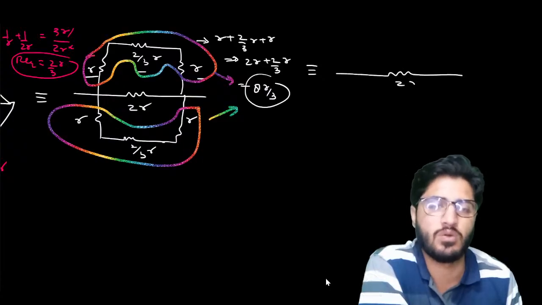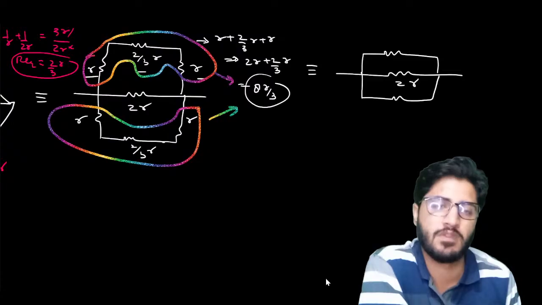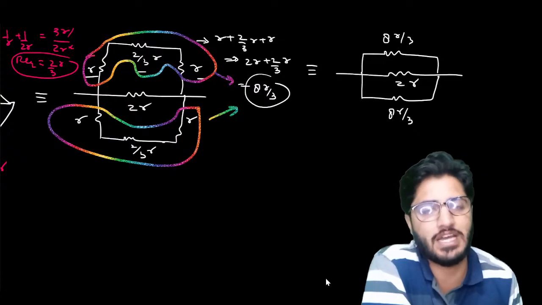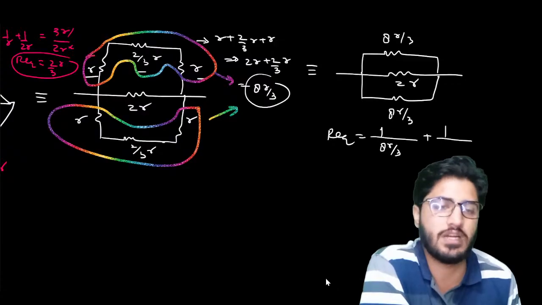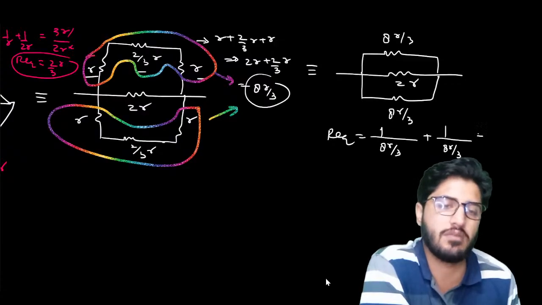So I will write it like this now. Look, 2R, this one is 8R by 3, 8R by 3. Now 8R by 3. So what is R equivalent now? R equivalent is 1 whole divided by 8R by 3 plus 1 divided by 8R by 3 plus 1 by 2R.